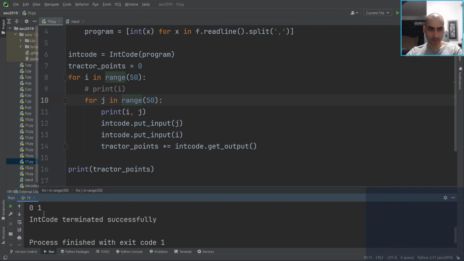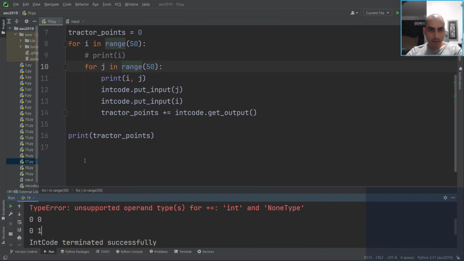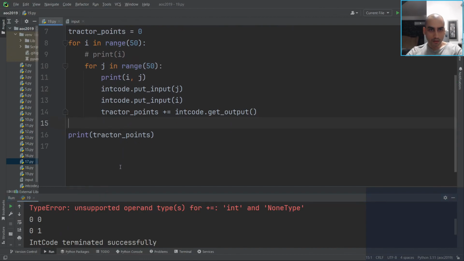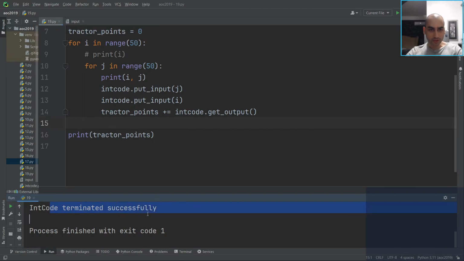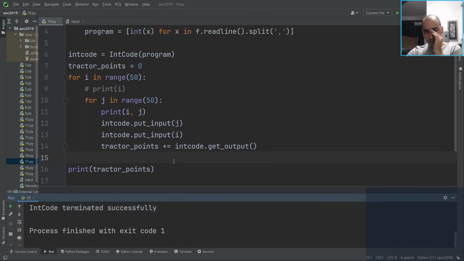Okay, we got something. 0, 1. Intcode terminated successfully. What?